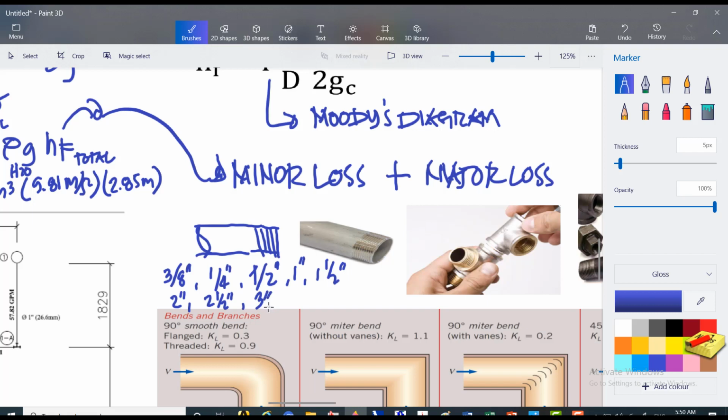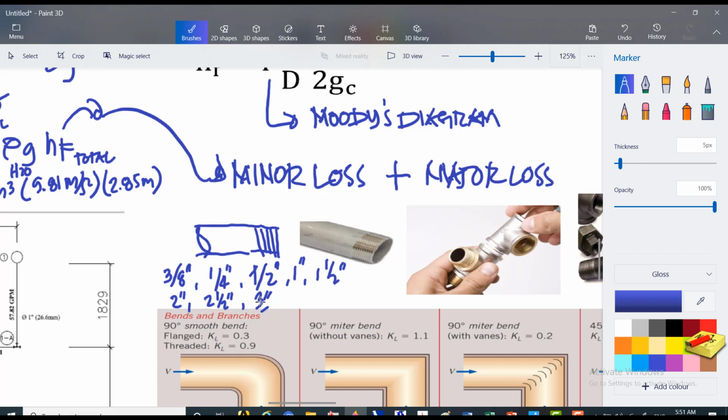Mostly for 3 inches, there are times you can use threaded and there are times you can use flange. The difficulty with threaded 3-inch pipe, especially the thick ones, is that it is very hard to adjust, so mostly this is welding.